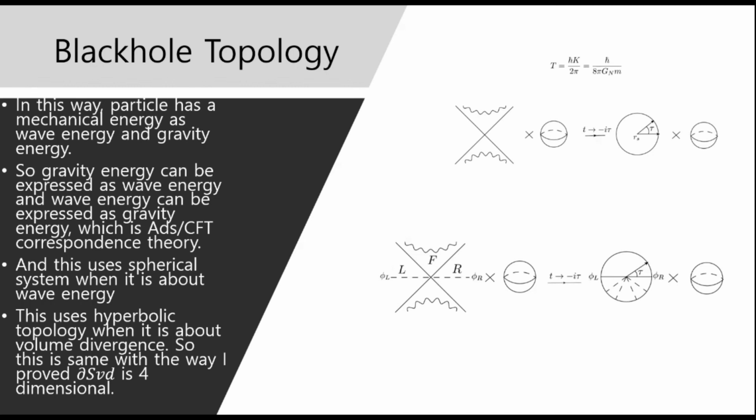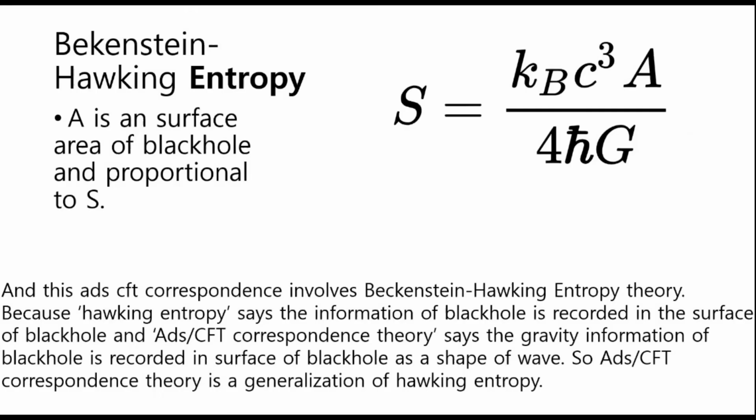So gravity energy can be expressed as wave energy, and wave energy can be expressed as gravity energy, which is ADS-CFT correspondence theory. And this uses a spherical system when it is about wave energy. This uses hyperbolic topology when it is about volume divergence. So this is the same as the way I proved this 3D is 4-dimensional.